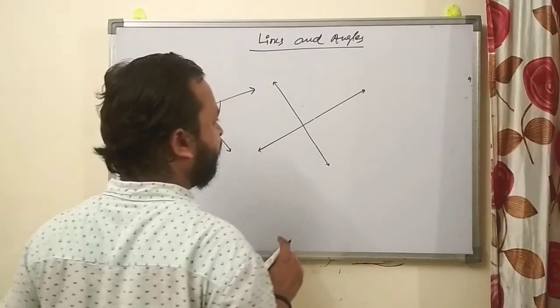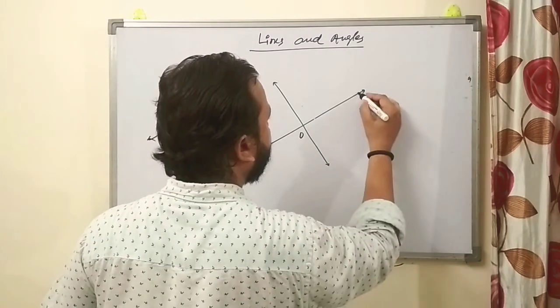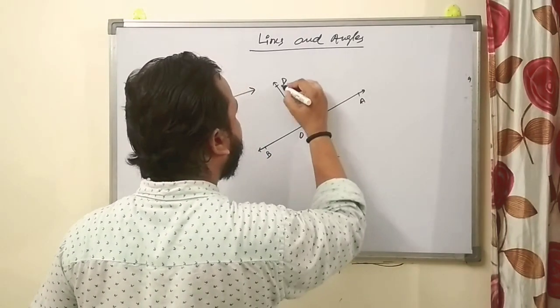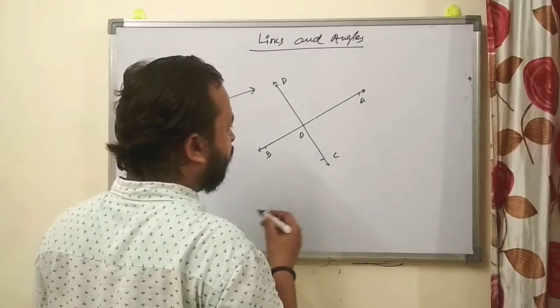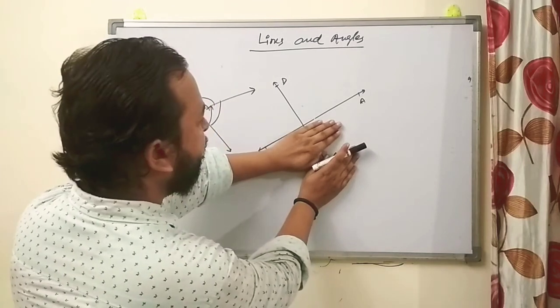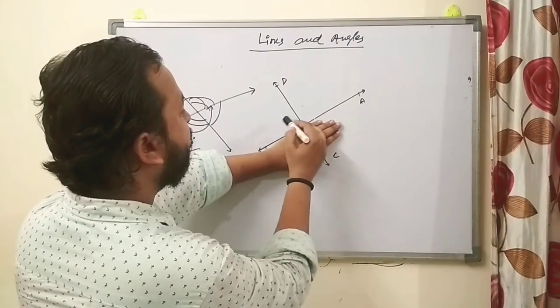And one more thing, suppose it is given, right, O, A, B, C and D. So this is also a linear pair of angles, right?